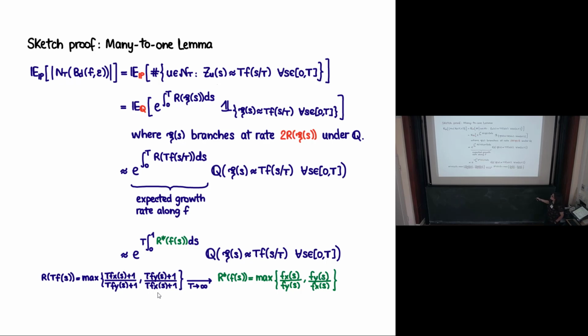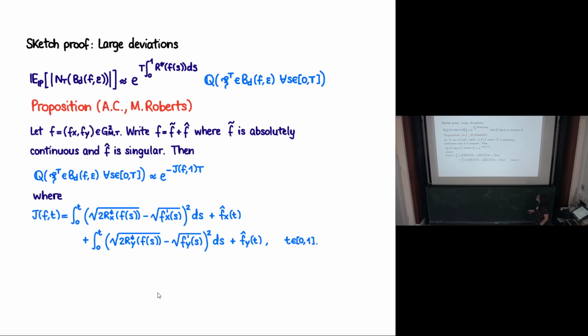And so the problem is reduced to estimating this probability, the probability for a single random walk to be near f. If the branching rate was constant, this is just a large deviation kind of probability. The problem is we have rates that depend on space, and so we need some extra work.